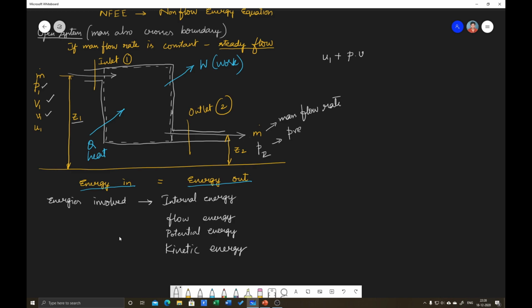Here P2 is pressure, capital V2 is velocity, and small v2 is specific volume. So specific volume is volume per kg. Units for mass flow rate is mass per second, kg per second.